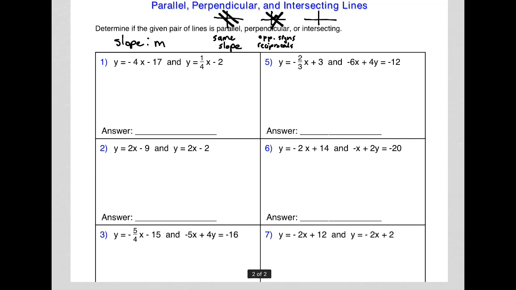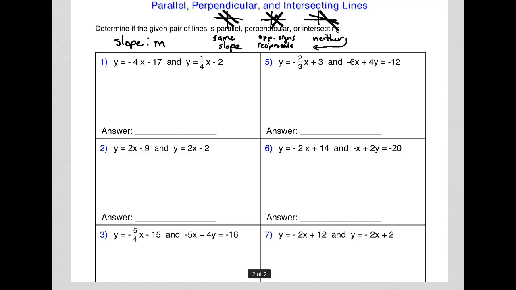Or lastly, if you rule out parallel and you rule out perpendicular and you notice neither of those two are going on, then we just have two lines that intersect in some form or fashion. There's really nothing special about their slopes, there's no pattern to them, but we do know that they have neither of those two things going on.